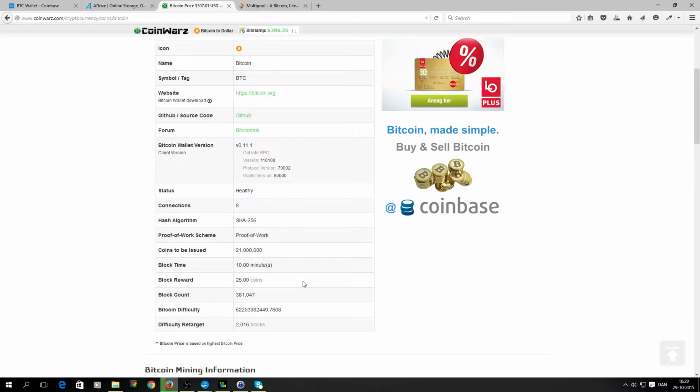The benefit from this is that every time you find a block, you will get all the coins by yourself. There's no one to share the coins with. 100% of the block reward will go into your crypto coin wallet.